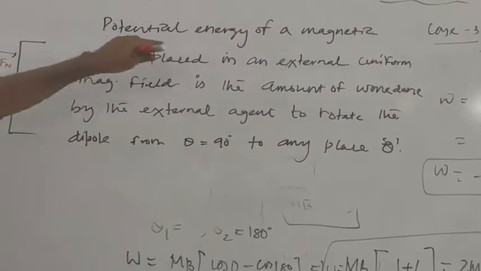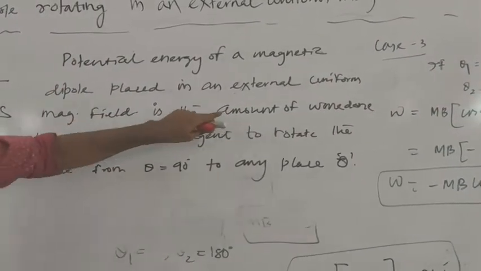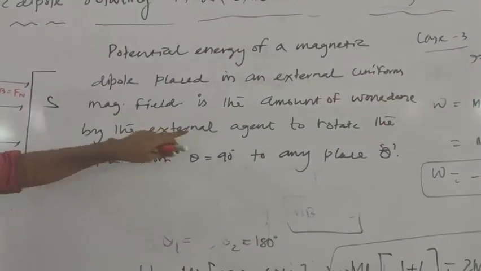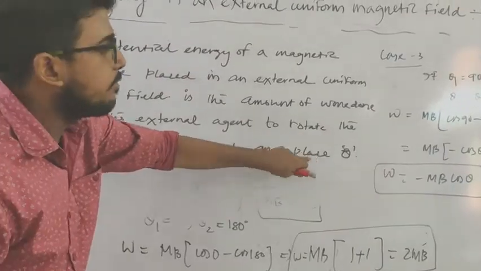So potential energy of a magnetic dipole placed in an external uniform magnetic field is the amount of work done by the external agent to rotate the dipole from theta equal to 90 to any angle theta.